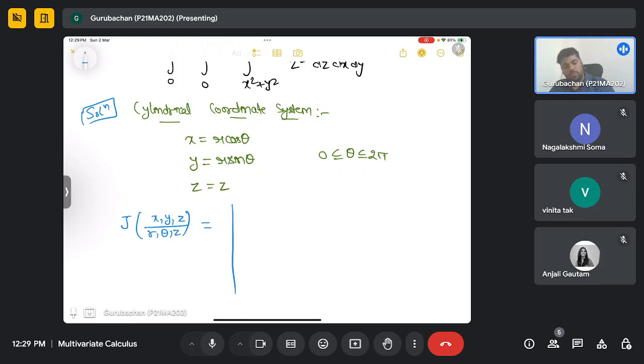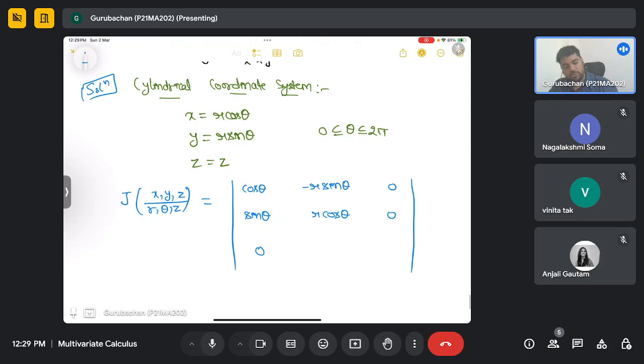So we need to partially differentiate with respect to r, theta and z. So this will be cos theta, minus r sin theta, 0, sin theta, r cos theta and 0, and this will be 0, 0, 1.